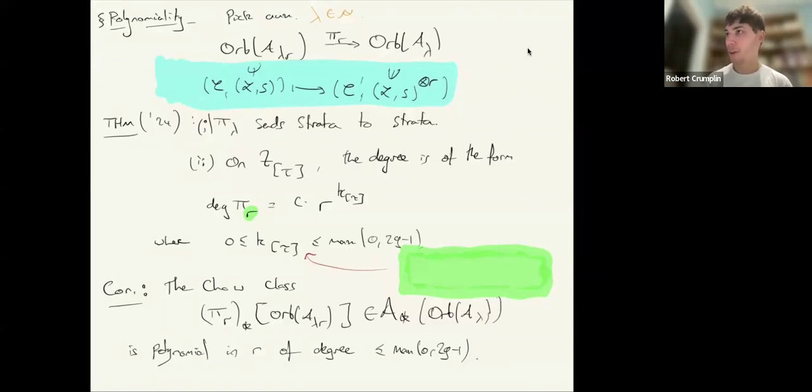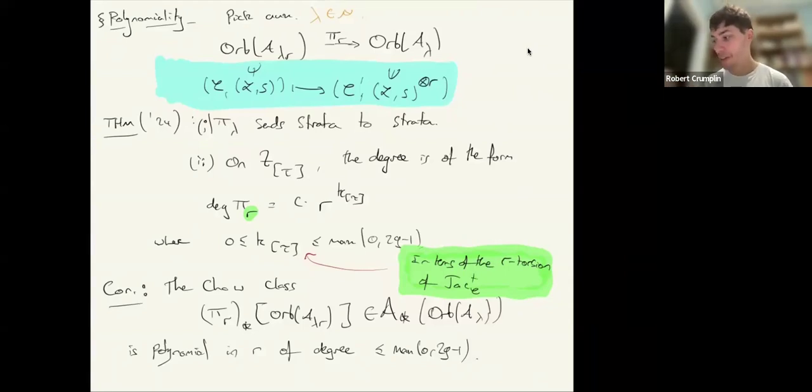So what is the degree of a map between abelian varieties when you're multiplying by r? It's just the torsion. So this is in terms of the r torsion of the abelian variety Jac C plus that the strata are built from.